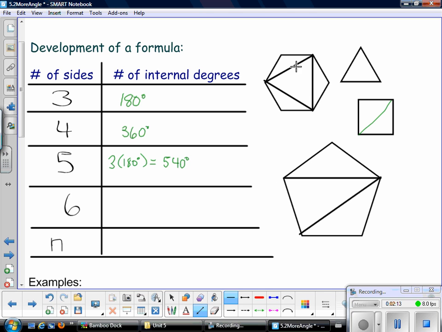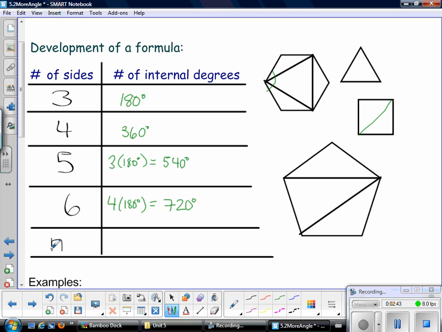Now, you're saying, yeah, but that one in the middle doesn't count. Well, actually it does, because if we look closer at it, the angle for this six-sided shape includes the angle of that middle triangle. So now we have four triangles, so that's 4 times 180 degrees, which when we take our calculator or our head is 720 degrees.